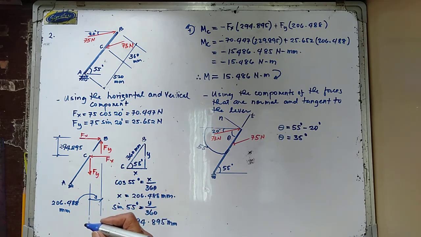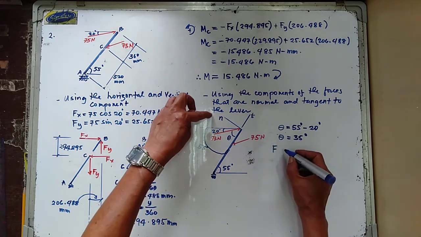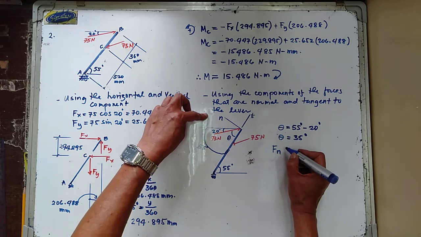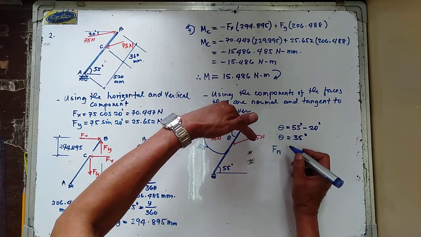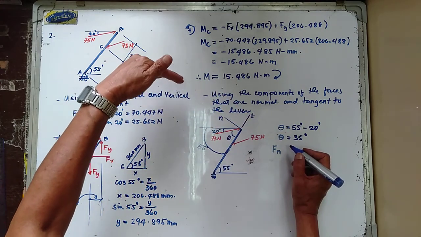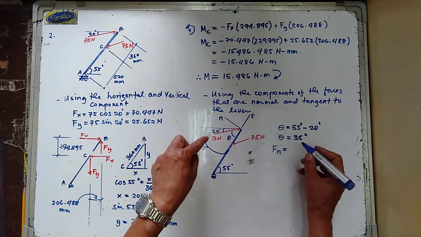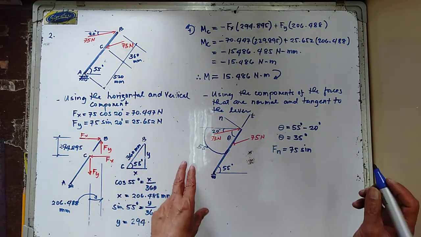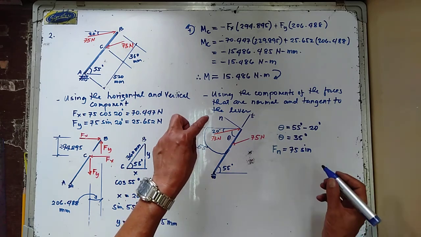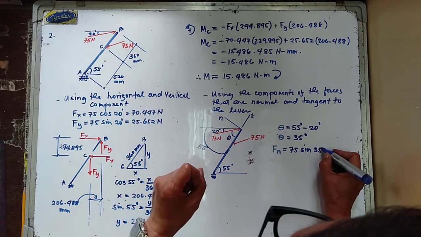So if you try to get now your Fn, F normal, the component of the 75 Newton force in the axis normal to the lever is now equal to 75 sine of theta, and theta is 35 degrees.